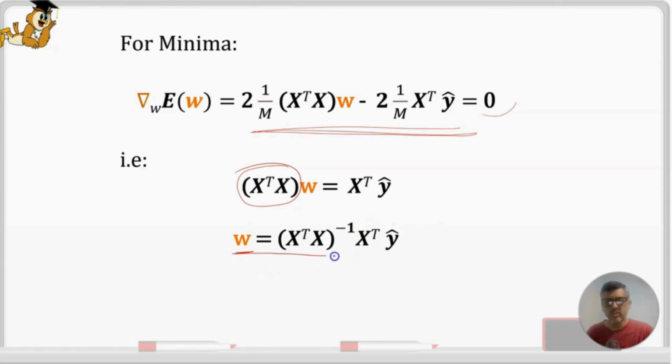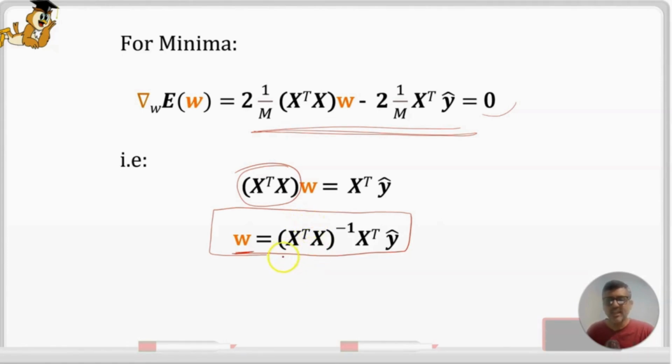Okay, so this is a very, very important result, it's a nice one. It's one of those rare cases where you actually find a closed form solution for a problem. Linear regression is one of those cases where you can find a closed form solution, like I said, and your ideal w's, the ideal weights in your linear model, are simply given by this equation.